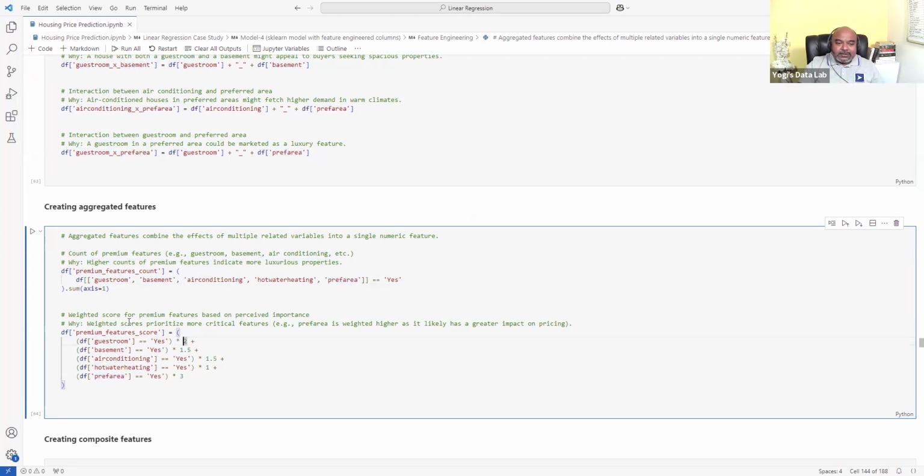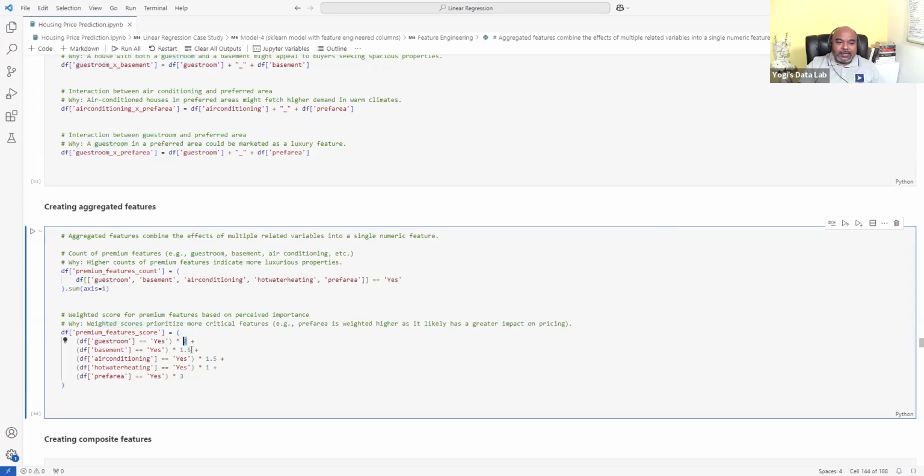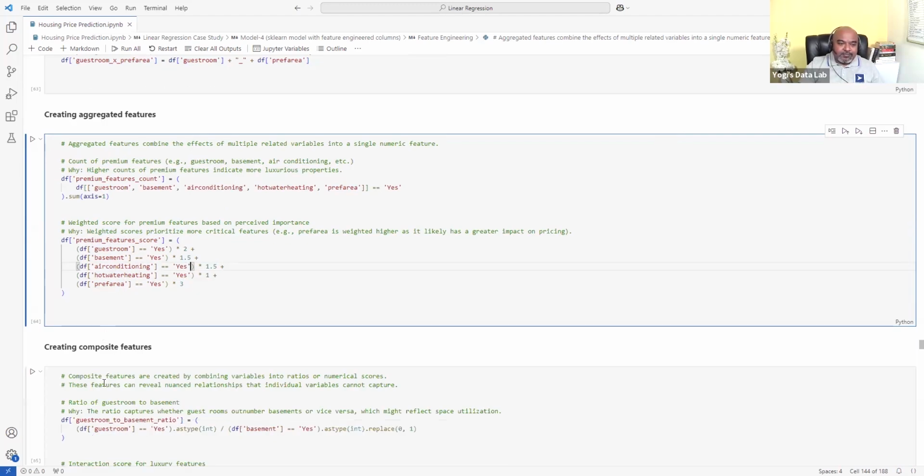Then I have given weighted scores to prioritize more critical features: guest room has been given a weightage of 2, basement 1.5, air conditioning 1.5, hot water heating 1, and preferred area a weightage of 3. This is another way of creating new features.